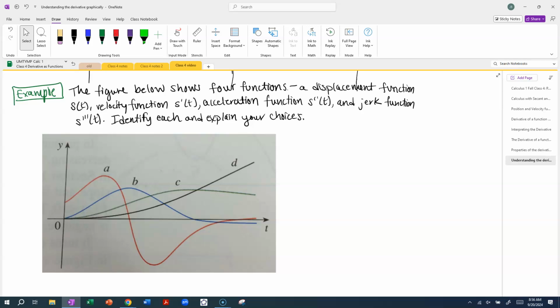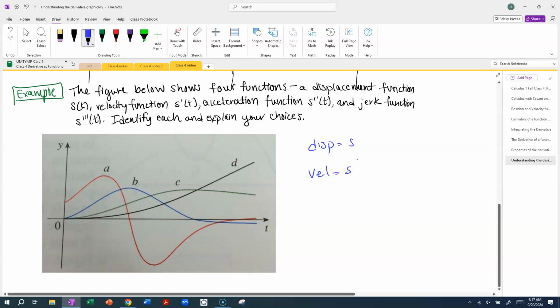So we have to figure out which is the function, first derivative, second derivative, and third. I'm just going to make that note. We have displacement, which is s, velocity, which is s prime, acceleration, which is s double prime, and jerk, which is s triple prime.